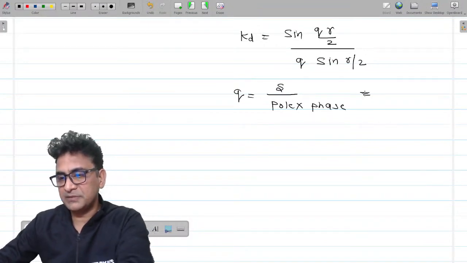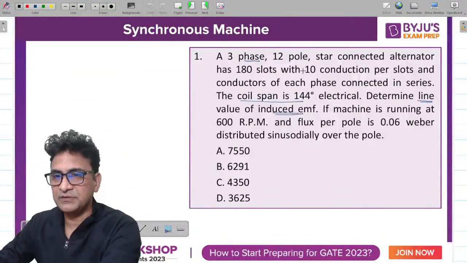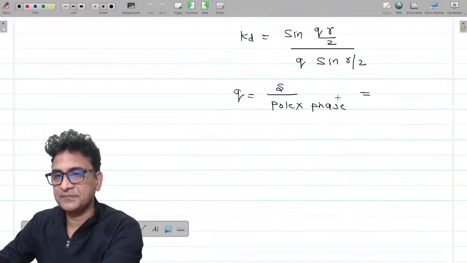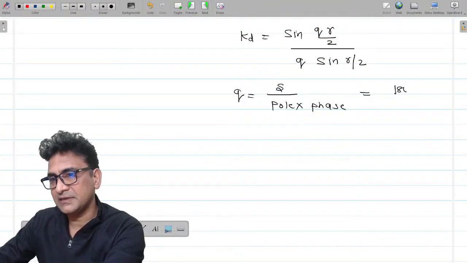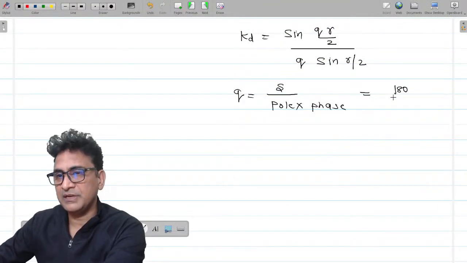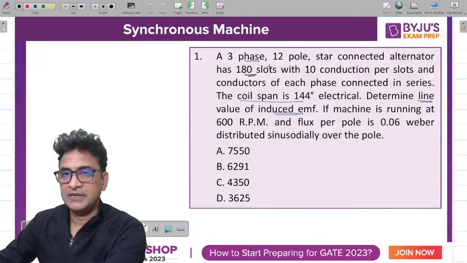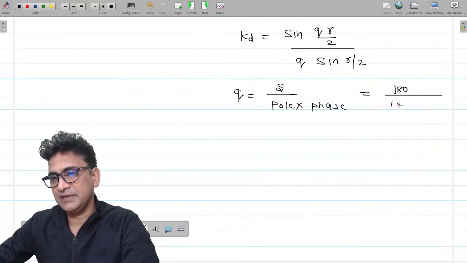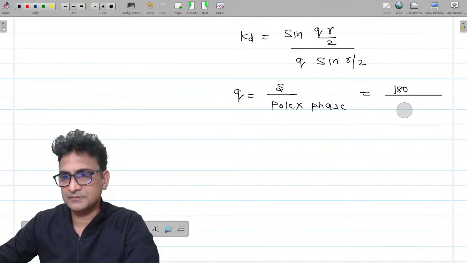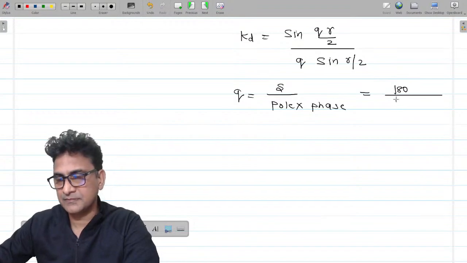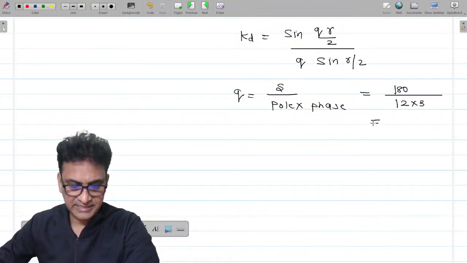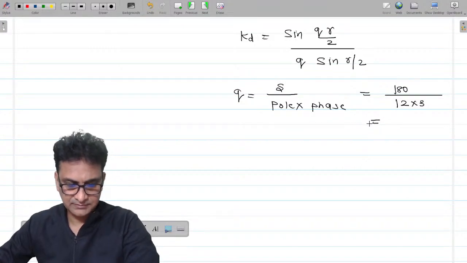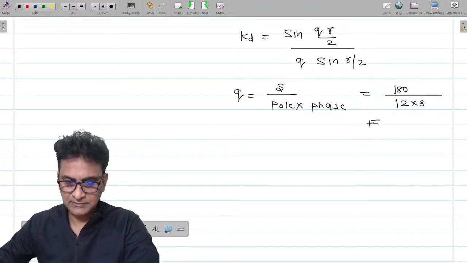The total number of slots in the alternator is 180. Total number of poles and total number of phases: it is a 3-phase alternator and the total number of poles is 12. So 180 divided by 3 into 12 gives the phase spread, which is 5.